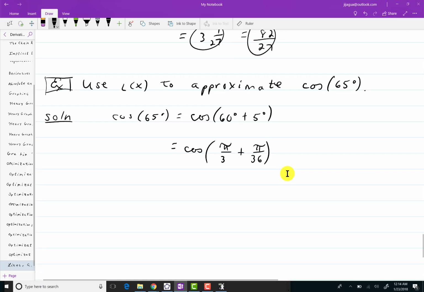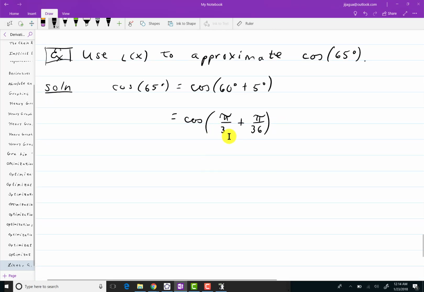Hopefully you can see that this part right here is a good candidate for A, and this whole thing is x. This whole thing will end up being what we use for x. But then this is the amount that it's off from A, if you want to think of it that way. So L of x equals f prime of A times x minus A plus f of A.